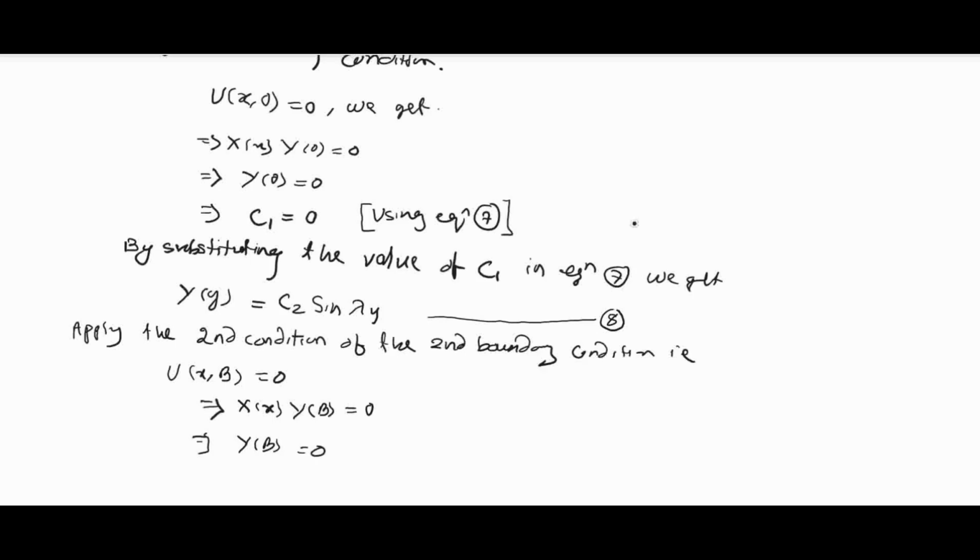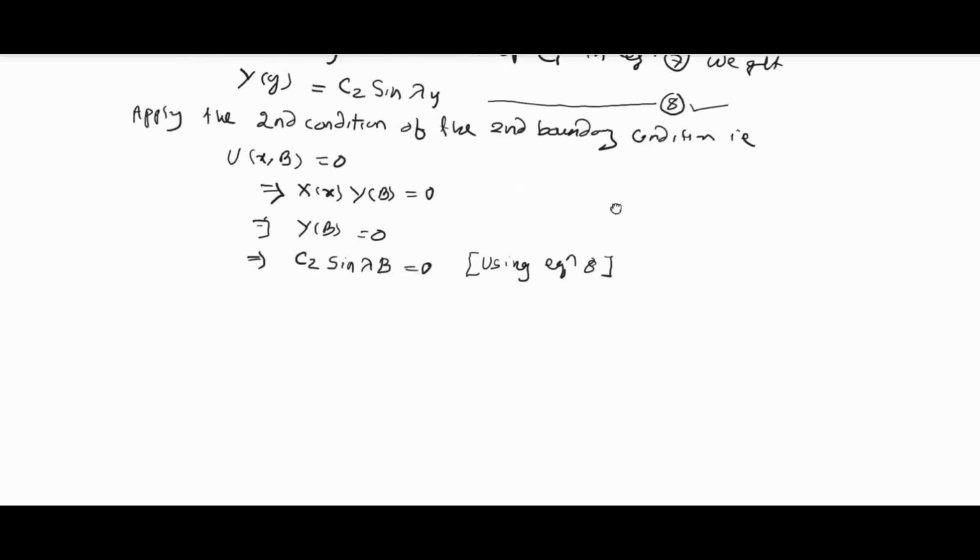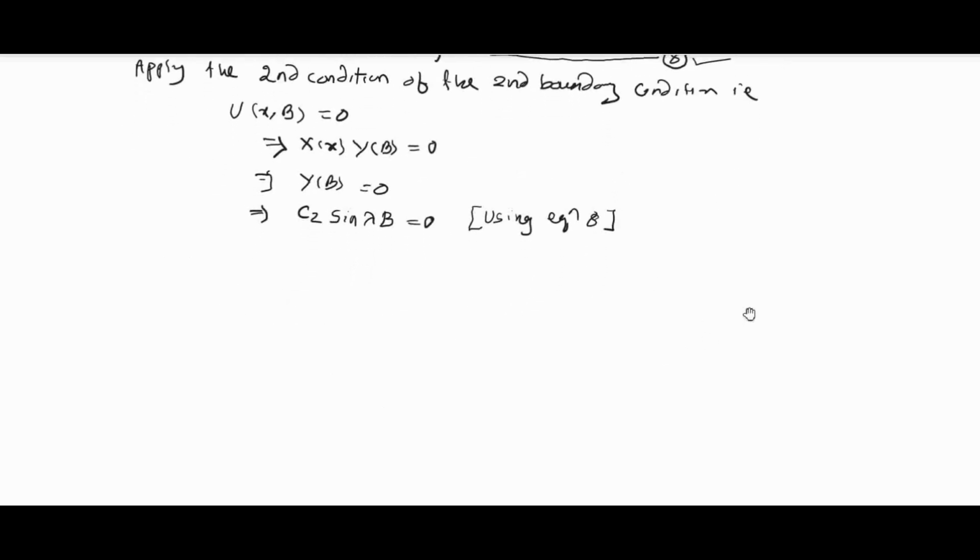Now look at equation number 8. Y is equal to c2 sin lambda y. Y b is equal to c2 sin lambda b equal to 0. So what we have used here? We used equation number 8. Next thing is c2 sin lambda b equal to 0.